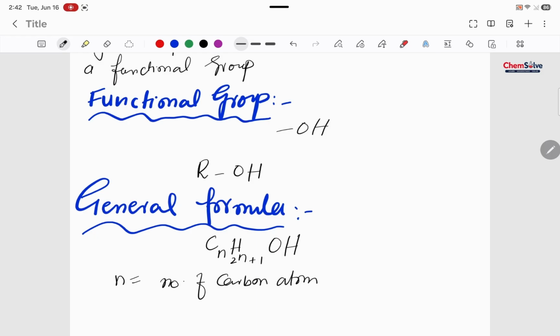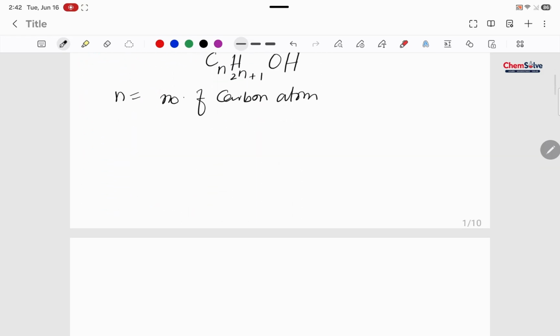Understood? Okay, so whenever I will have to make any alcohol, I will just replace this n with that number and I will make the formula.